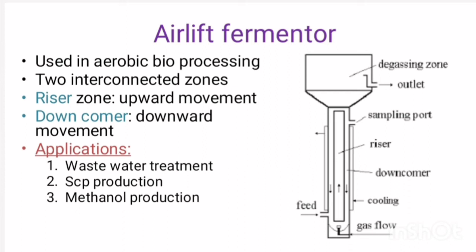It allows the upward movement of the media with gas. The media downflow occurs in the downcomer. So the upward movement of the air and downward movement of the media will result in dispersion.